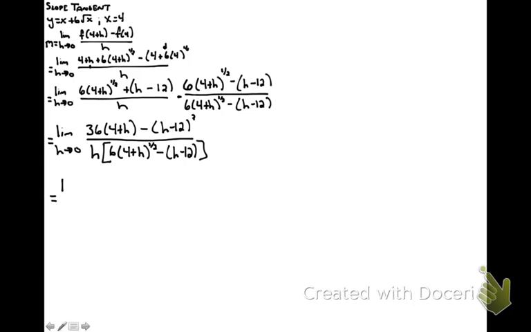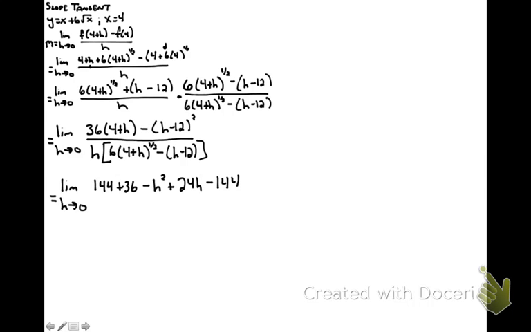And when we simplify the numerator, some nice things happen, because we have 144 plus 36h minus h squared plus 24h minus 144.